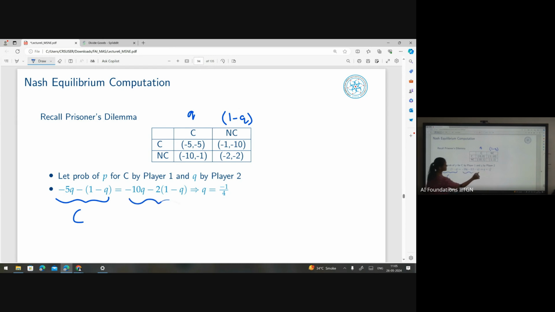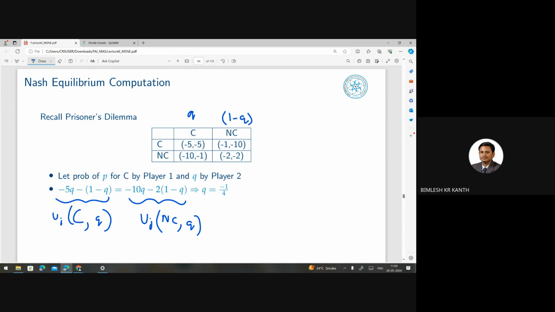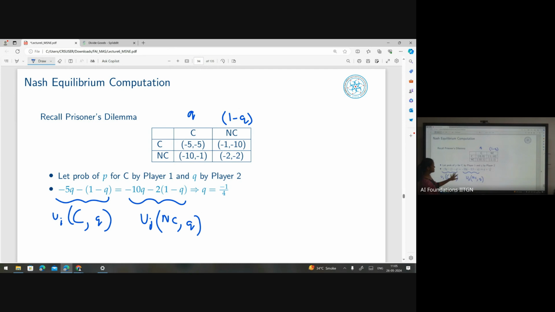And this is the utility that player 1 is going to get by playing NC, with Q. Am I wrong? Yes, I think I've written it correctly. The idea is that the probability is coming out negative. Q is coming out negative.